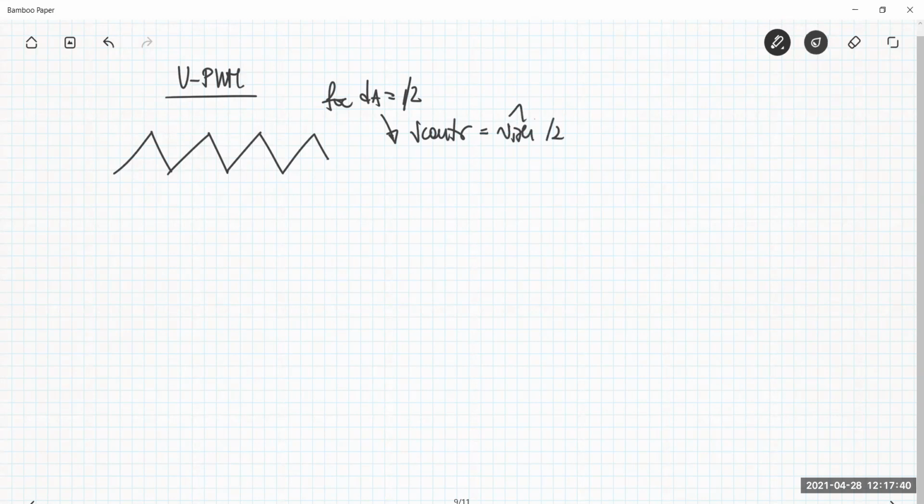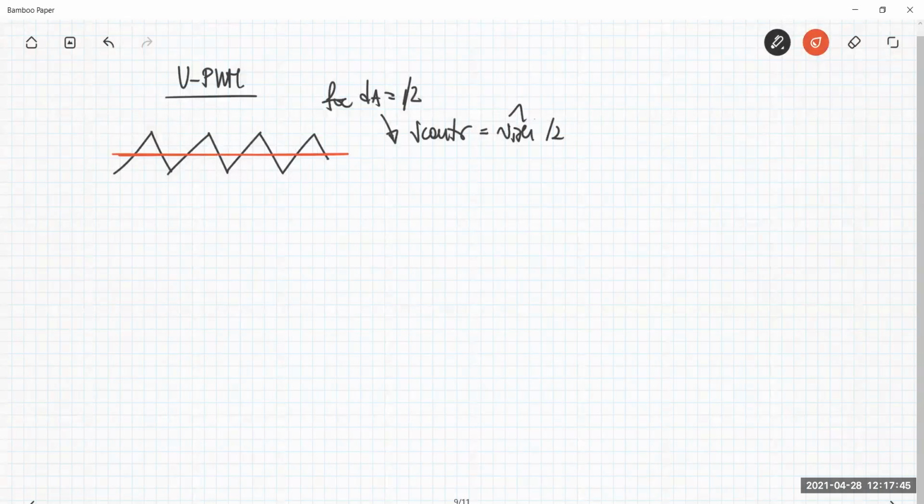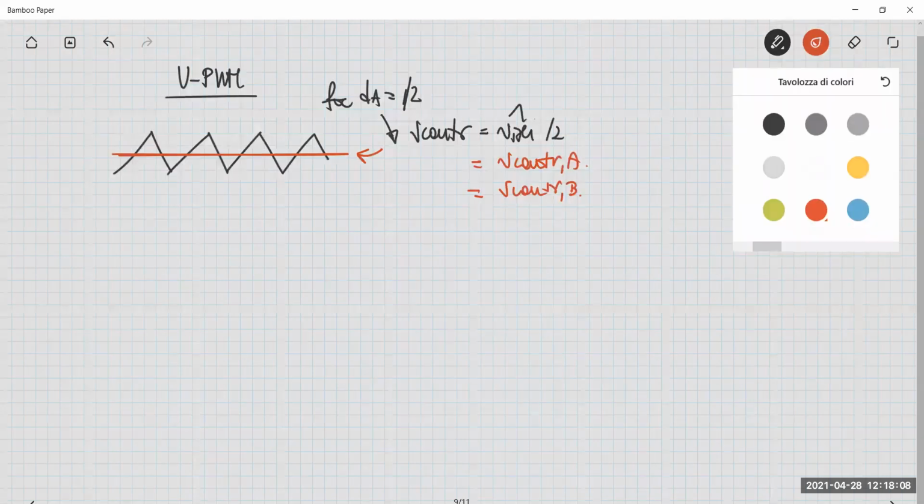So it is exactly here. This is the control voltage for the leg A. What about the control voltage for the leg B? It is the triangular peak minus the control voltage. So basically, this is also the control voltage for the leg B. This is the only case in which you have the same control voltages for the leg A and B in the unipolar pulse width modulator.